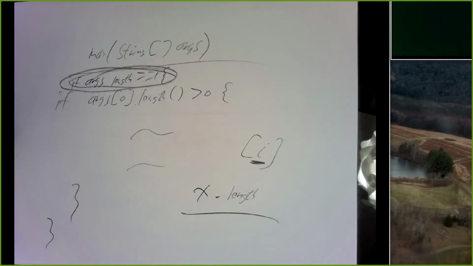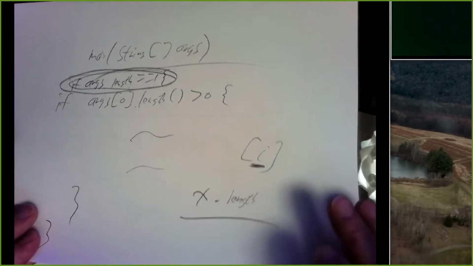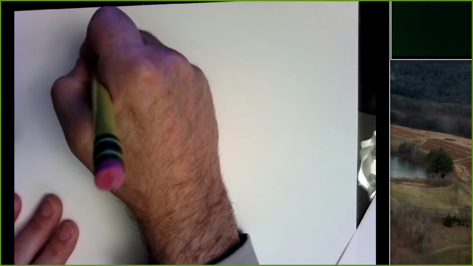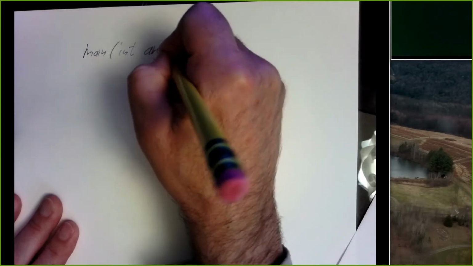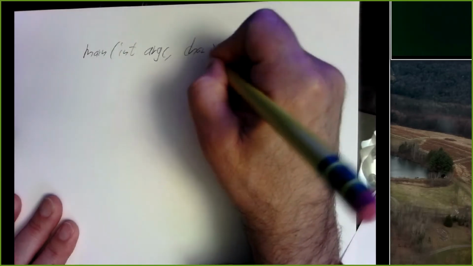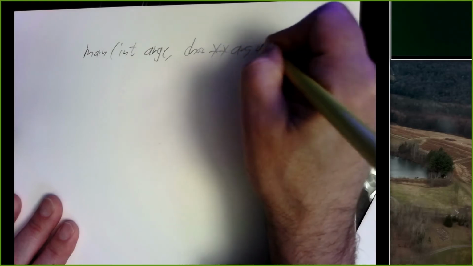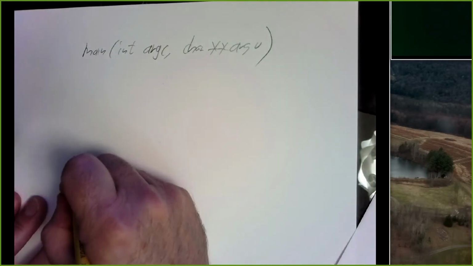I keep thinking of argc whenever I think about command arguments, but I'm assuming that when it comes to object-oriented programming, it's a little different. Is that fair? The only real difference is, you know, in C we do this. In Java we do this.